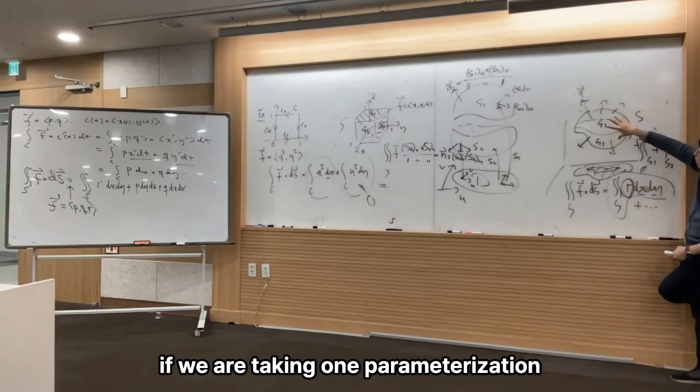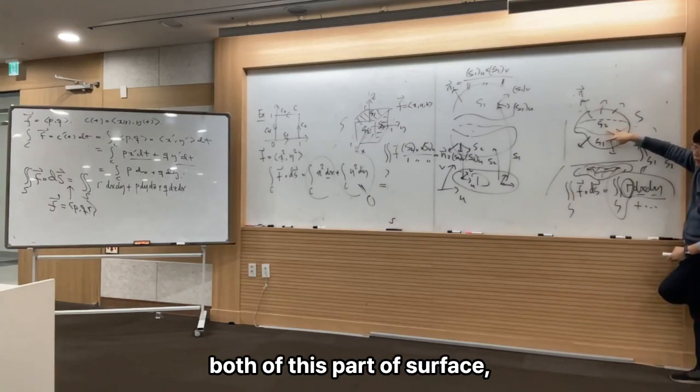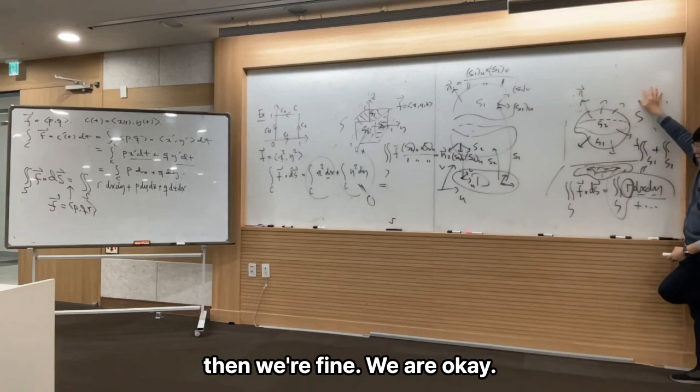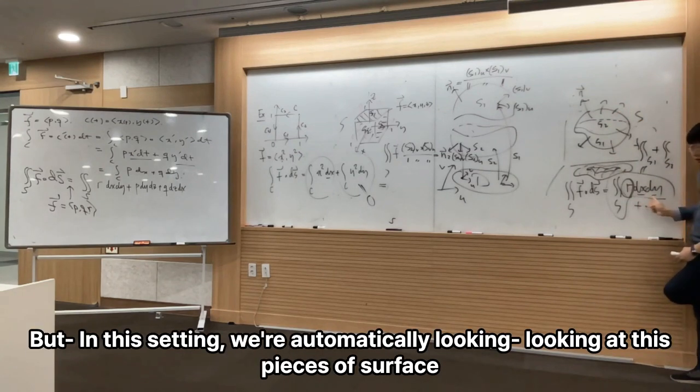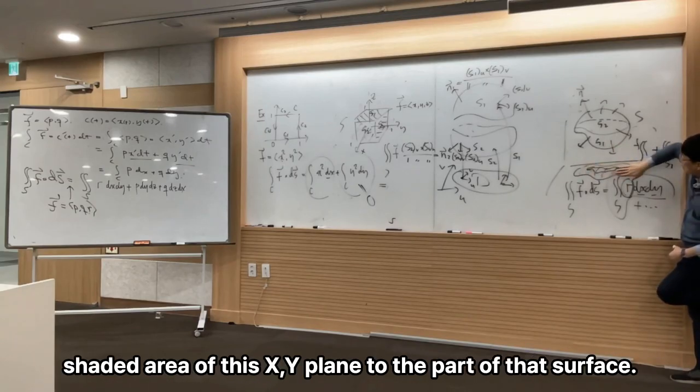If we were taking one parameterization to cover both parts of the surface, then we'd be okay. But in this setting, we're automatically looking at these pieces of surface as if they were the projection from the shaded area of this XY plane onto that part of the surface.